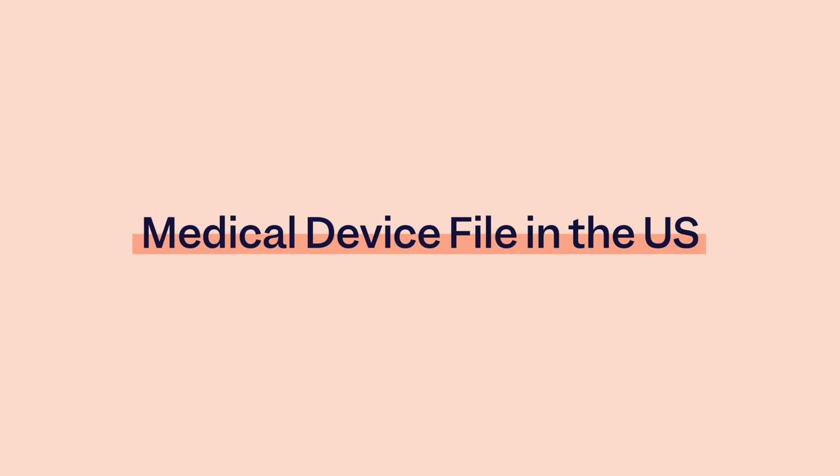The regulatory requirements for medical devices placed on the market in Europe are the MDR and the IVDR. The regulatory requirements for medical devices sold in the US can be found in 21 CFR Part 820. The FDA distinguishes between three different files.